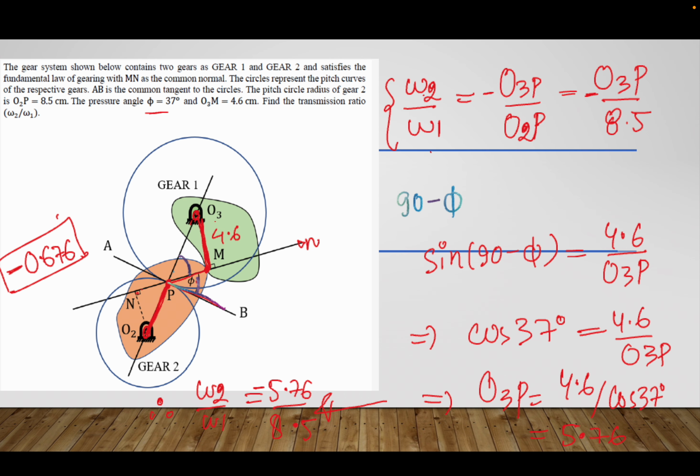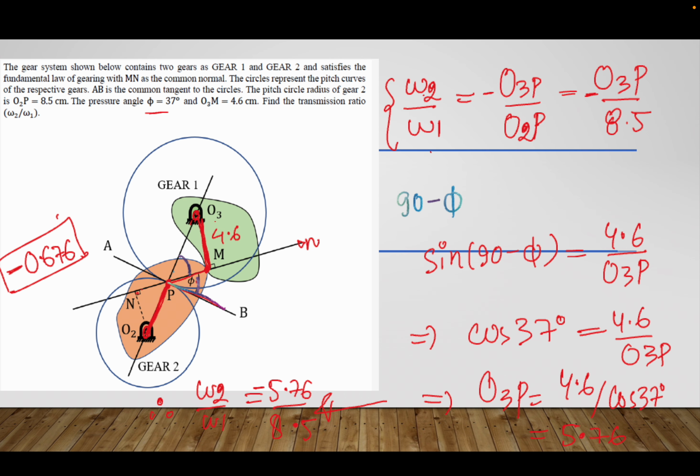So in this question, the gear system shown below contains two gears, gear 1 and gear 2, and satisfies the fundamental law of gearing with n as the common normal. The circles represent the pitch curves of the respective gears, and AB is the common tangent to the circles.